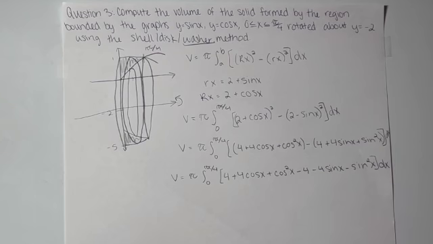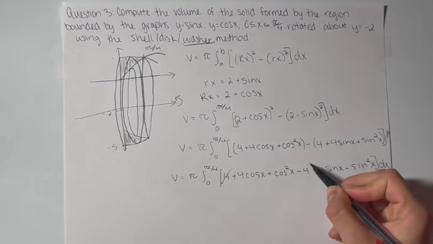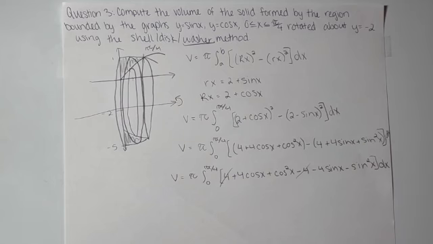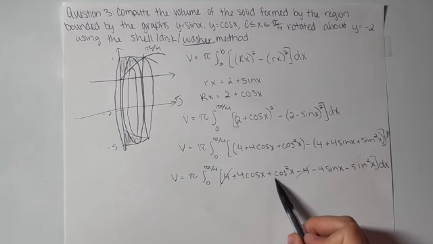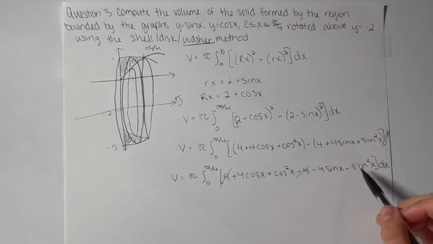From here, we can cancel these 4's, and we can use the half angle formula to substitute the cosine squared x and the sine squared x.